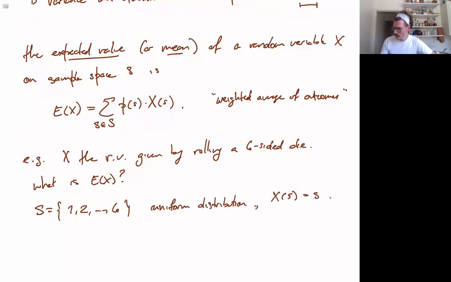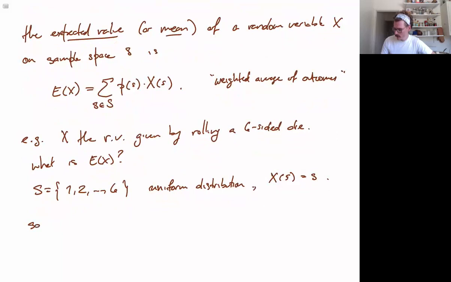So the expected value is the sum over elements of the sample space. In this case, let's write that as the sum from k equals 1 to 6. And what is the summand? It's the probability of k times X of k, but that's just k itself.